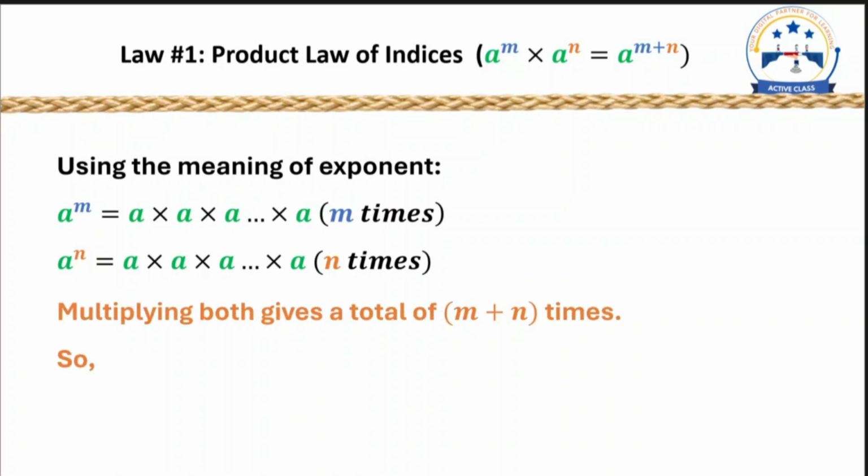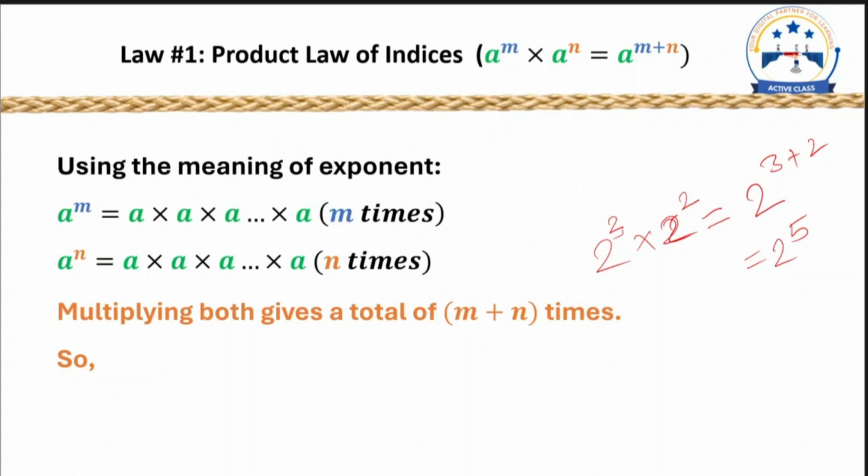Like before, we multiplied 2 power 3 times 2 power 2, which gave 2 power 3 plus 2, which means 2 power 5.